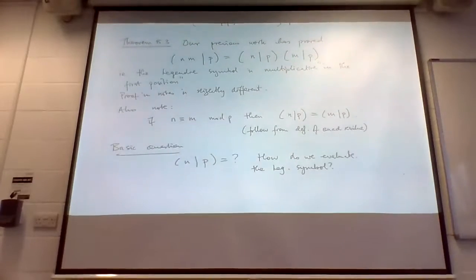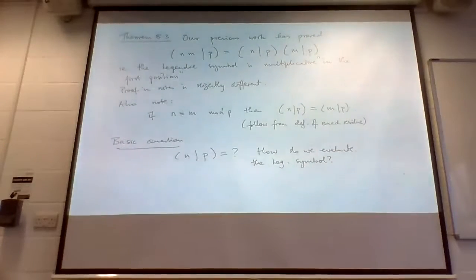You can view the results in the rest of the chapter as various ways of answering that question. The next theorem we're going to look at gives a rather explicit answer to that question. It gives you a kind of formula for it. So this is Euler's criterion.